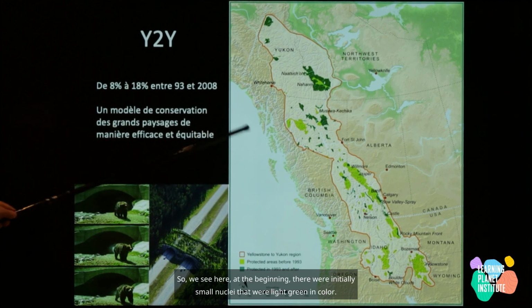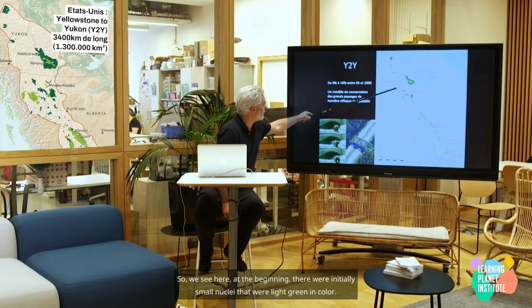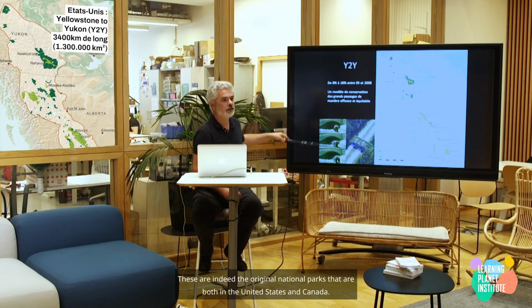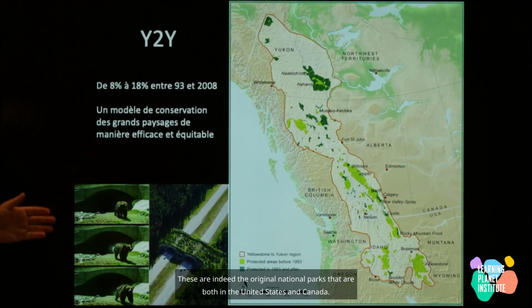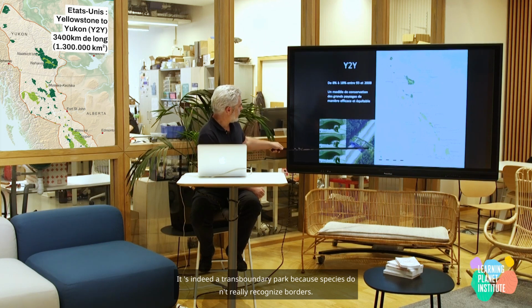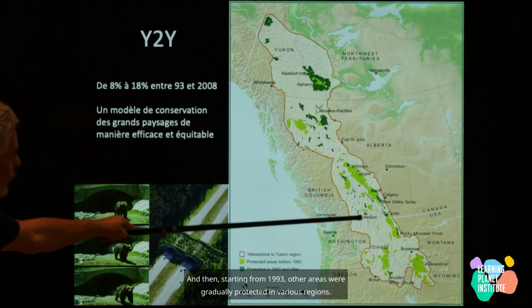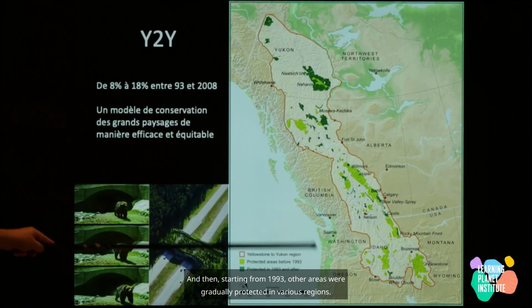So we see here that at the beginning there were initially small nuclei that were light green in color. These are indeed the original national parks that are both in the United States and Canada. It's a transboundary park because species don't really recognize borders. And then, starting from 1993, other areas were gradually protected in various regions.